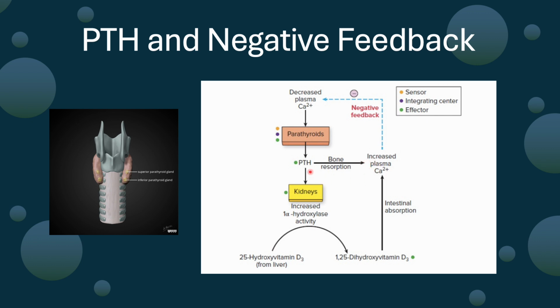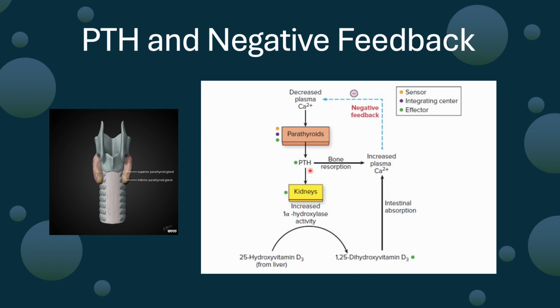Now parathyroid hormone is also going to act on the kidneys, and it's going to increase that 1-alpha hydroxylase. It's just the enzyme that converts the inactive form of vitamin D from the liver into the active 1,25 dihydroxyvitamin D3.